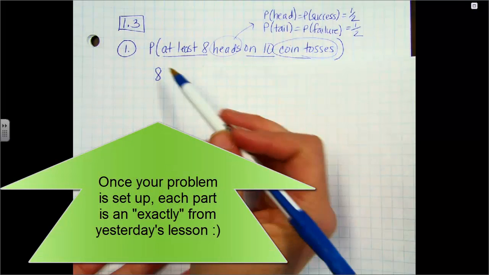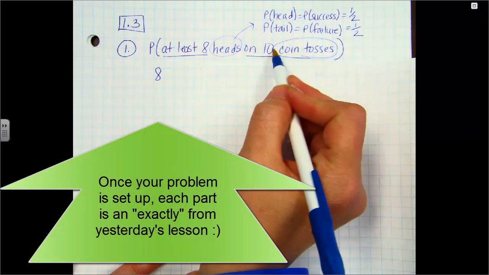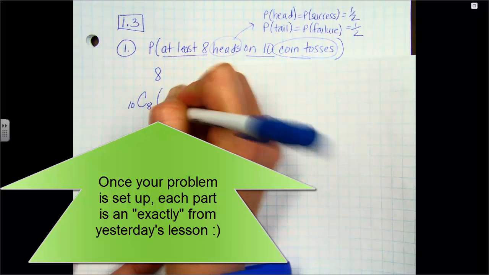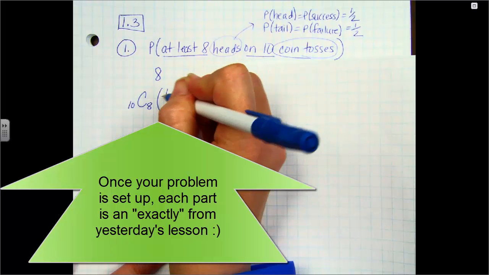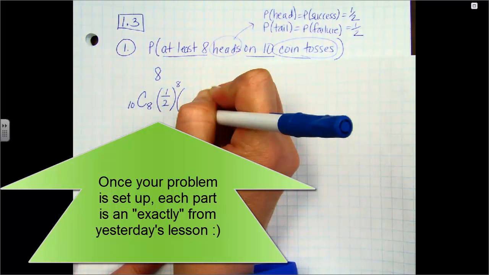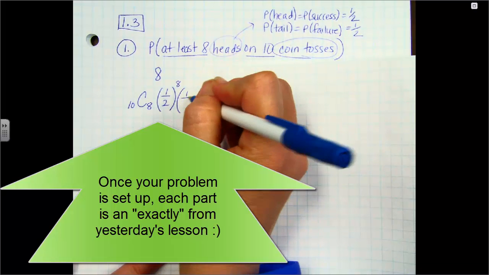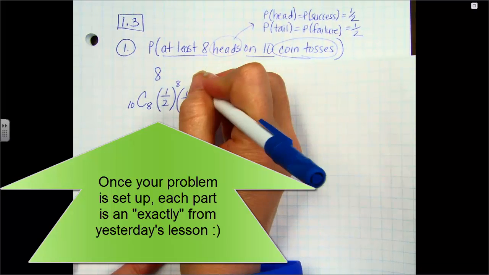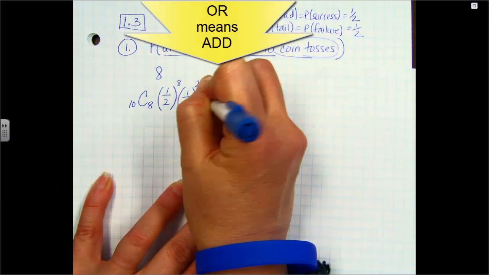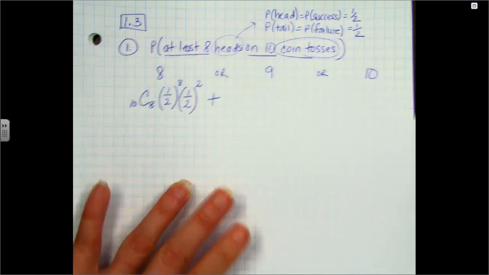I add them together at the end. So let's find the probability of exactly 8 out of 10. That's 10C8 times the probability of success, 1/2. I want 8 successes, so I raise it to the 8th, times the probability of failure, 1/2 squared, because if I'm successful 8 out of 10 times, I fail 2 out of 10 times. Or means add.